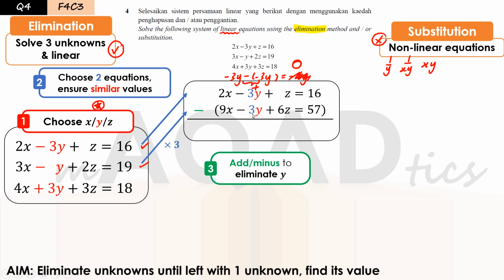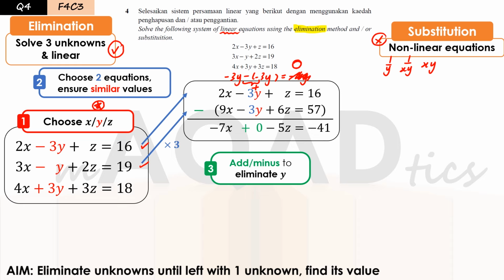For the values of x, I'm going to minus them: 2 minus 9, which is negative 7x. Negative 3y minus negative 3y becomes 0, so y is eliminated already. For the z value, same thing: z minus 6z is negative 5z, and the value here, 16 minus 57, is negative 41.